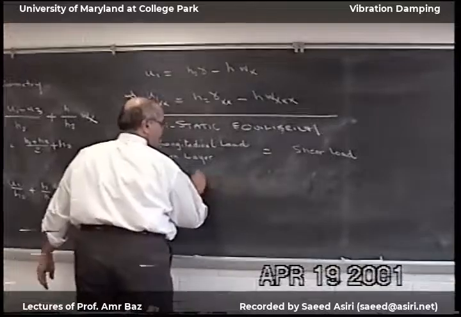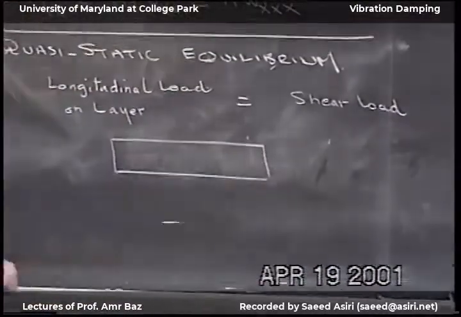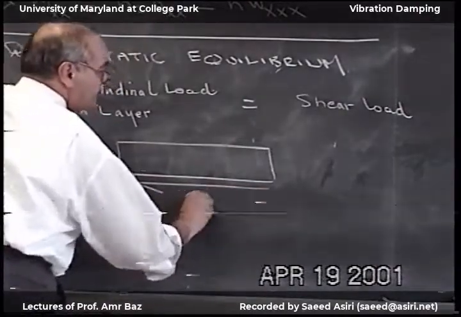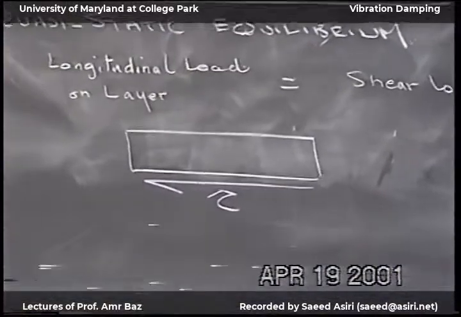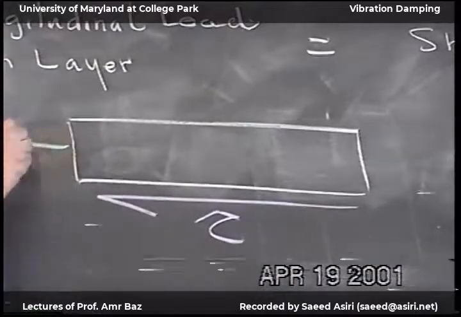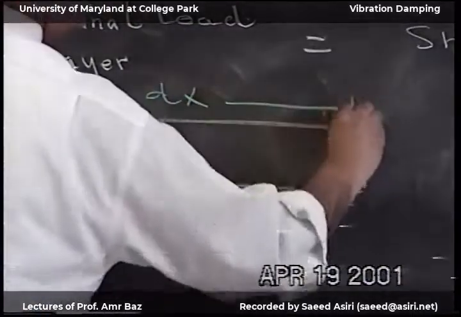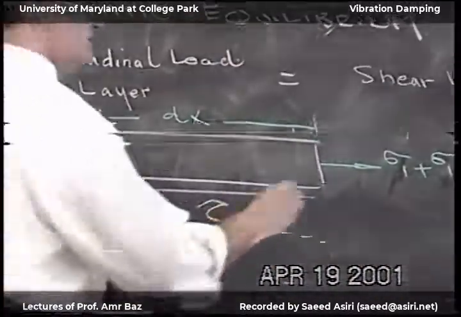So if I take the top layer like this, for example, then this is the shear on the viscoelastic layer. Then I have here stress, and this is dx. And then I have here sigma 1 plus partial sigma 1 by partial x dx.